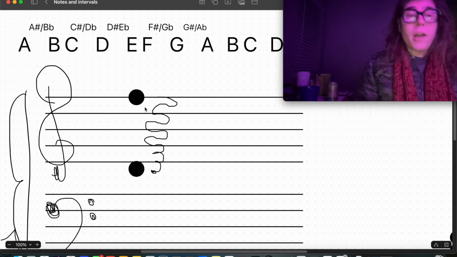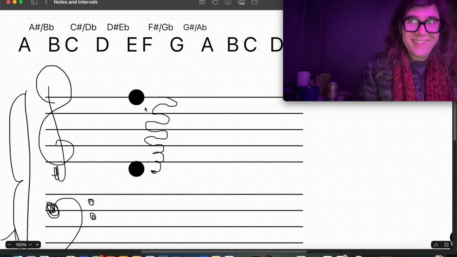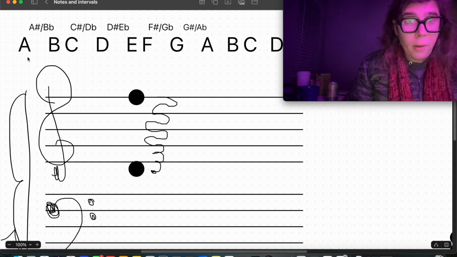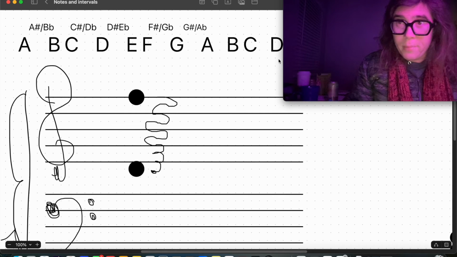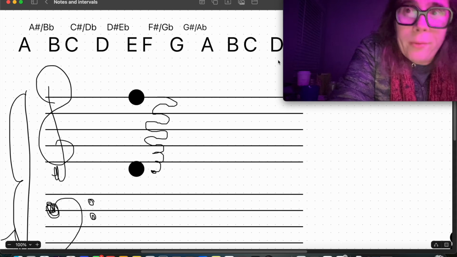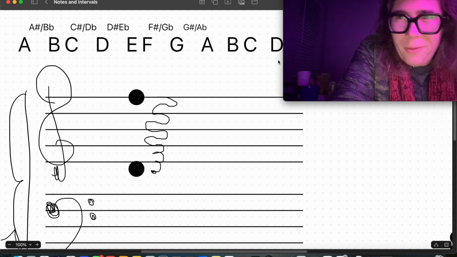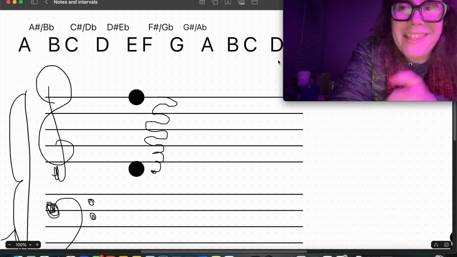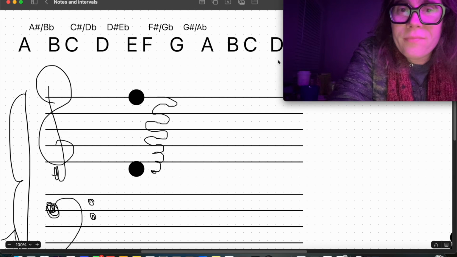What? Dr. Welty, I thought that the notes just repeated after the octave. Look, we had A up here, A, and then the notes just repeat, right? Well, this is a thing called a compound interval. That's the fancy way of describing it. It's an interval that exceeds the octave. And this one's a tenth.